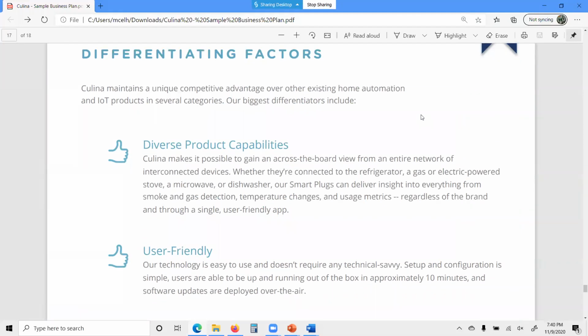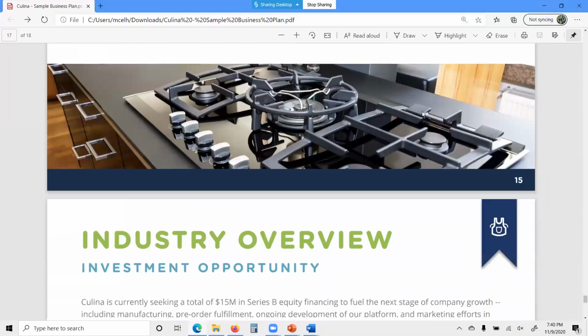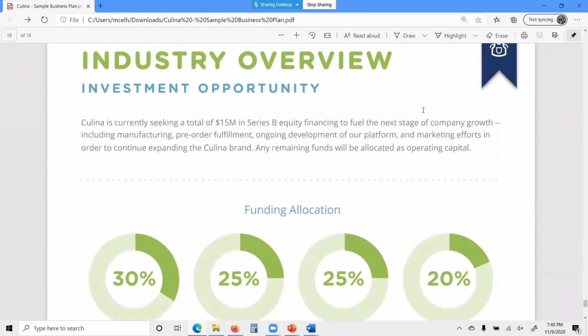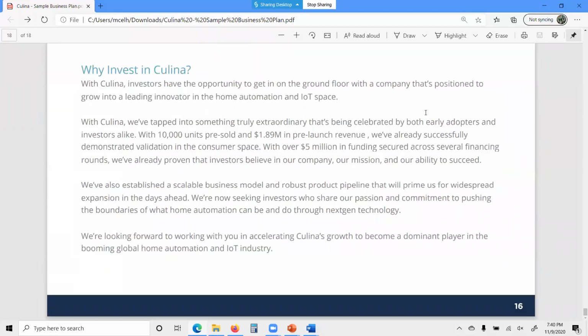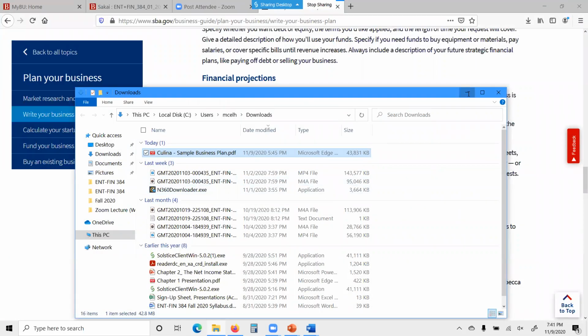So what makes their product different? They go through that. And what was the investment opportunity? Why invest? And then the financials came later, but that part wasn't presented here. So that's actually a pretty good business plan minus the projected financials. I will put that up on our site.